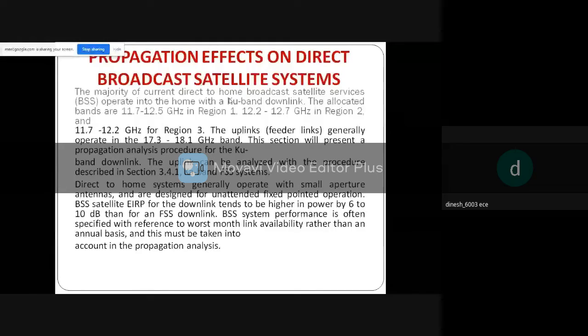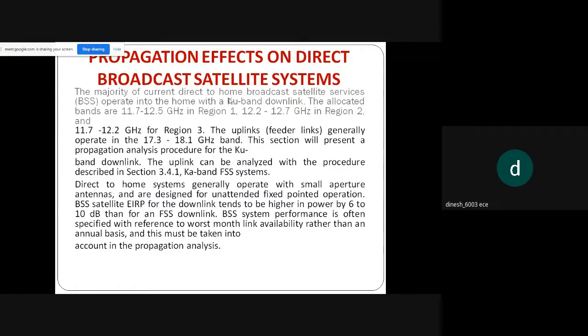The allocated bands are in the range 11.7 to 12.5 gigahertz in region 1, 12.2 to 12.7 gigahertz in region 2, and 11.7 to 12.2 gigahertz for region 3.